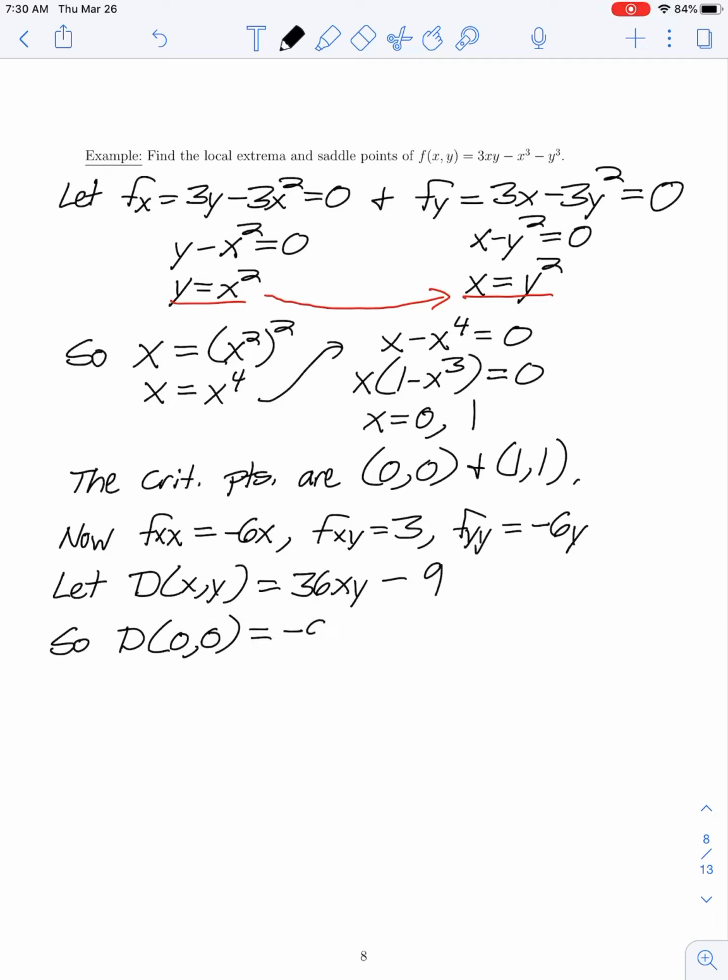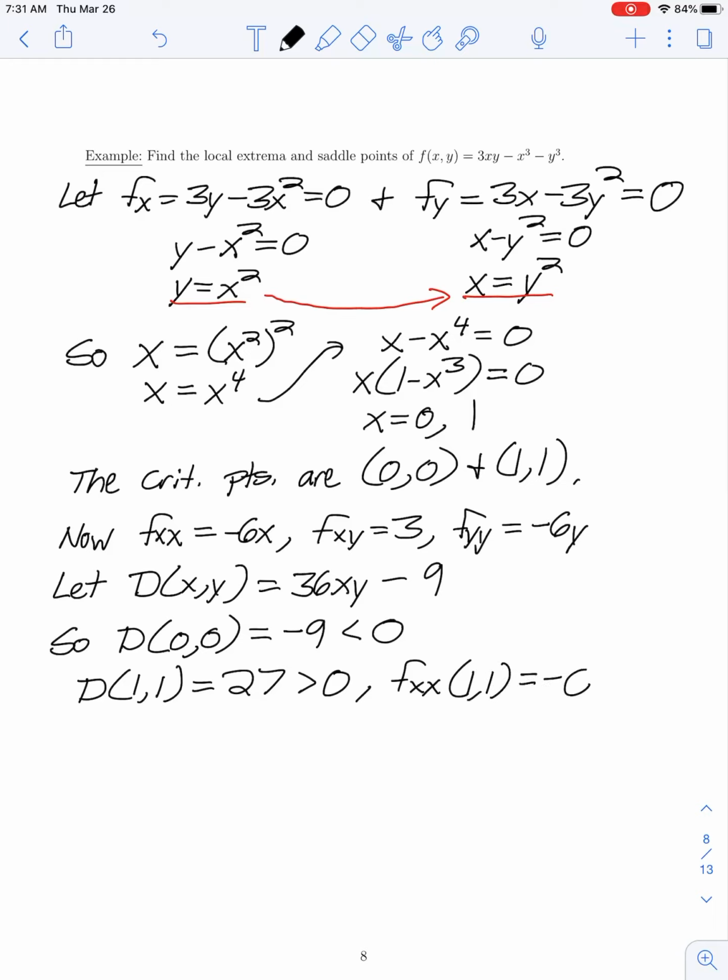If we look at the discriminant at our critical points, starting with 0, 0, we would have negative 9, which is a negative value, and the discriminant at the point 1, 1 would be 36 minus 9, or 27, which is positive. And the second partial derivative, f sub xx, at the point 1, 1 is negative 6, which is less than 0.